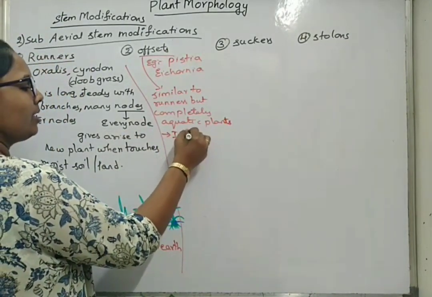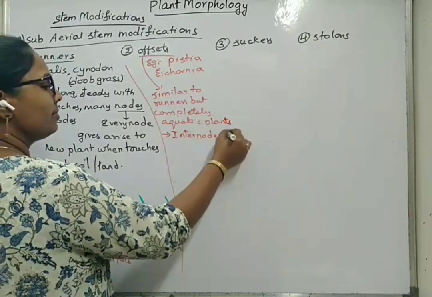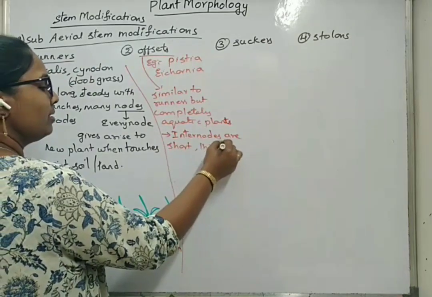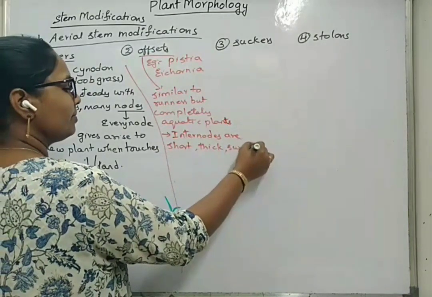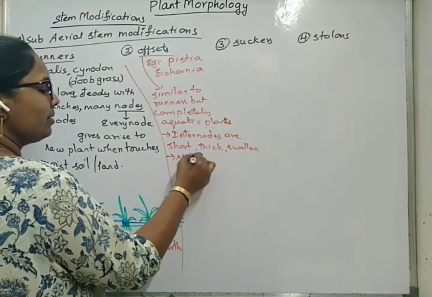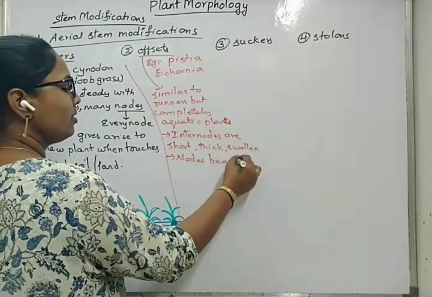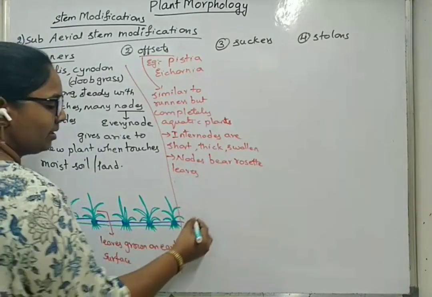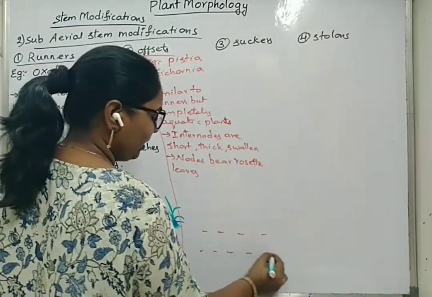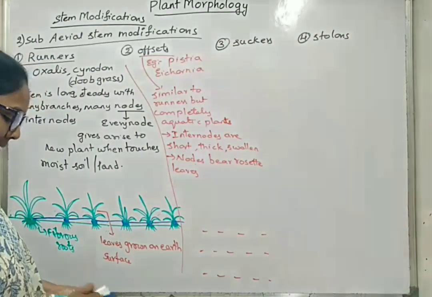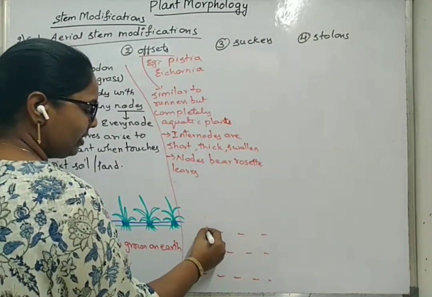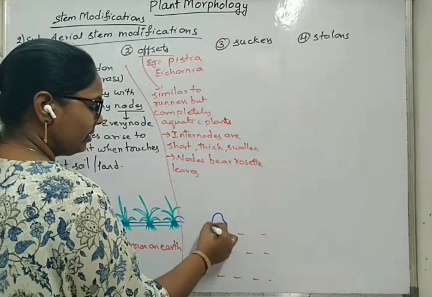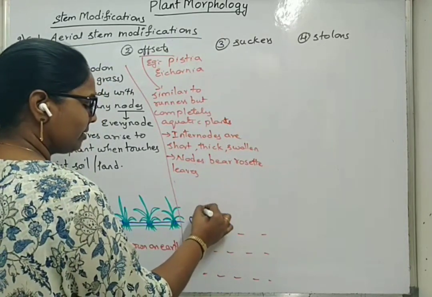Their internodes are short, thick, and swollen. Nodes bear rosette leaves. So if this is completely water, if you think, if this is the node region which is having rosette form of leaves.